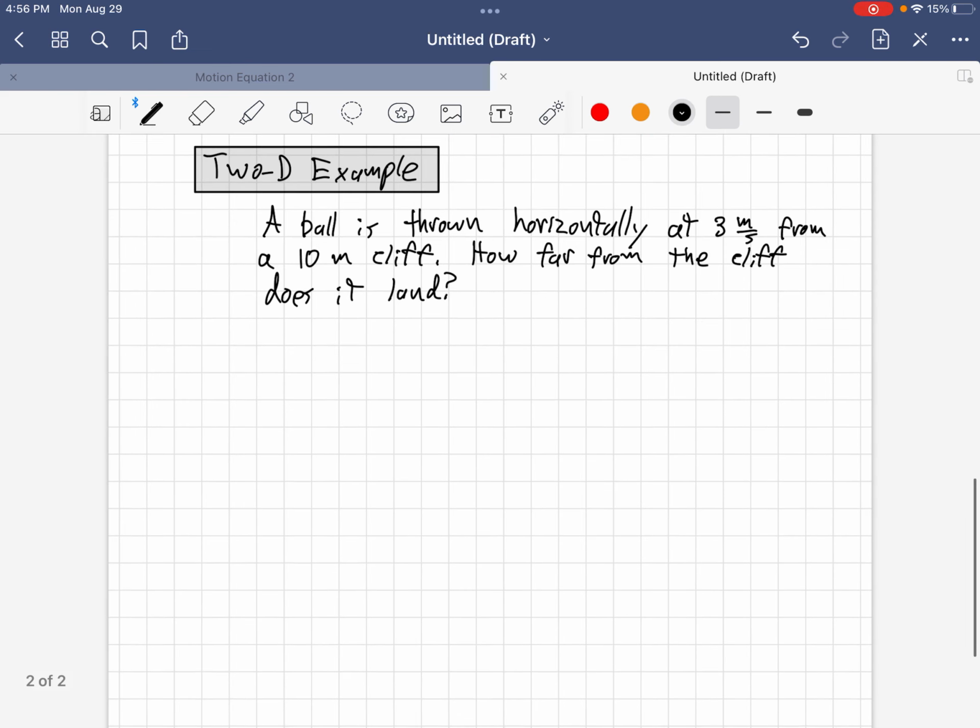All right. So what's the first thing we do when we encounter a word problem? We draw a picture, right? So we're going to draw a nice picture. Here's going to be our cliff. And I'll draw the ground up here. We'll draw a nice little person throwing a ball.